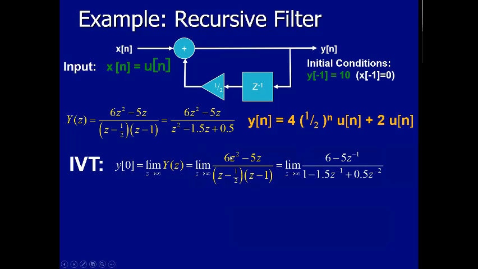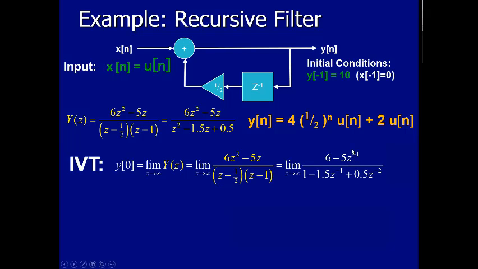And, well, we can't have the positive powers of z, so we divide the top and bottom by the highest power of z, which is z squared. And we get 6 minus 5 z to the minus 1 over 1 minus 1.5 z to the minus 1 plus 1/2 z to the minus 2, using the unfactored form. Now we can take the limit as z goes to infinity.